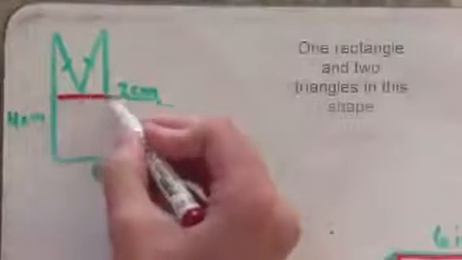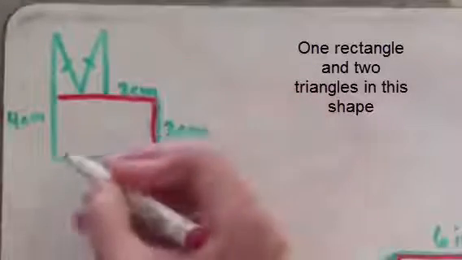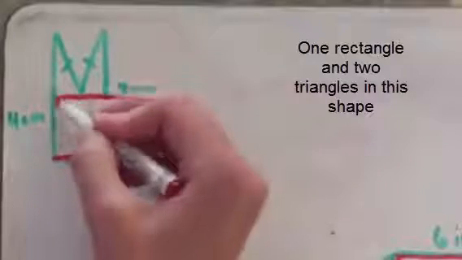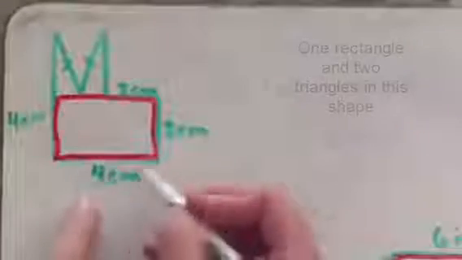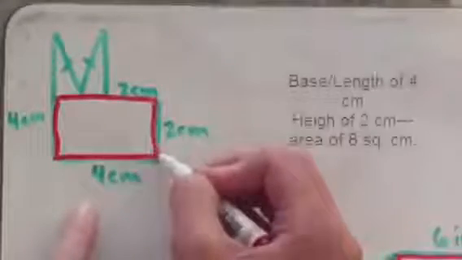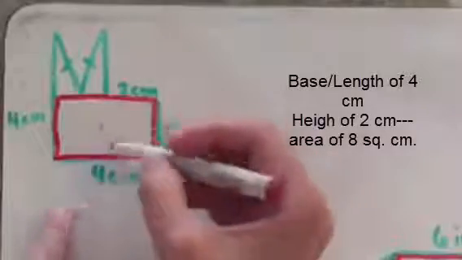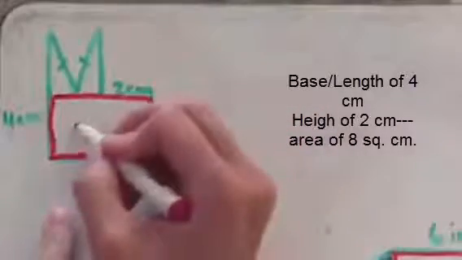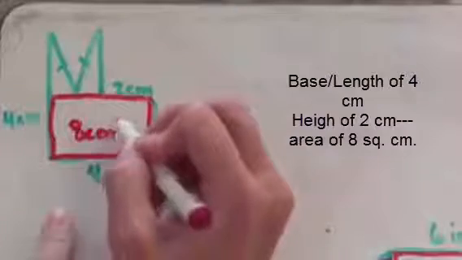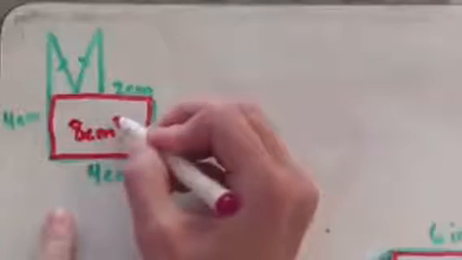Okay, for this one, I see a rectangle and 2 triangles. So here's my rectangle. My rectangle has a base of 4 centimeters and a height of 2 centimeters. So my rectangle is 4 centimeters times 2 centimeters, or 8 centimeters squared.